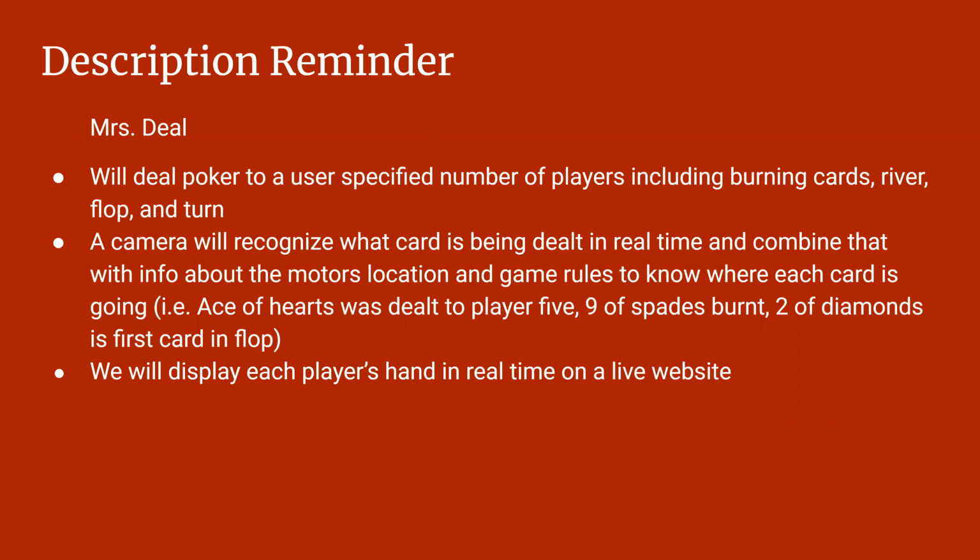It'll recognize each card that is dealt in real time and combine that with information about our motor's location and game rules to know where each card is dealt and to whom. So it'll be able to recognize that the Ace of Hearts was dealt to player 5, the 9 of Spades was the card that just got burnt, and the 2 of Diamonds was the first card of the flop. And while this is all happening, we're going to be displaying each player's hand in real time on our live website, as well as the 5 cards for the river, the turn, and the flop.